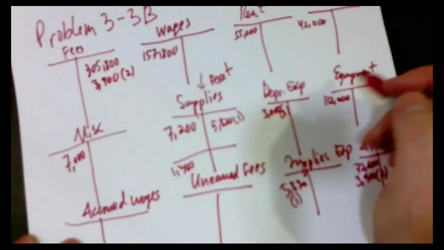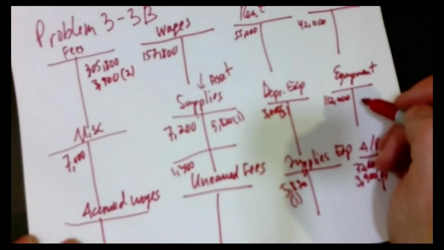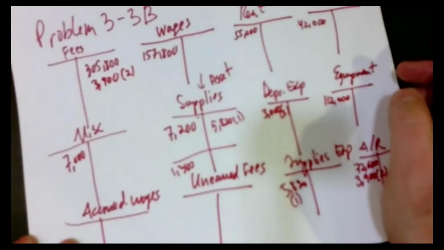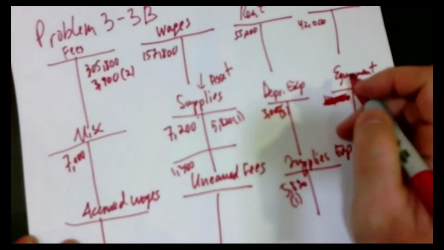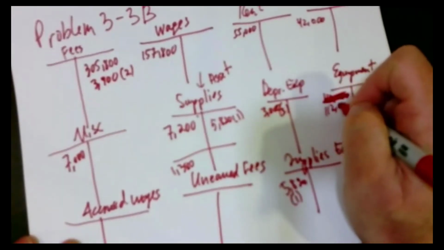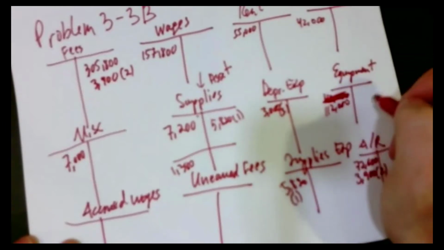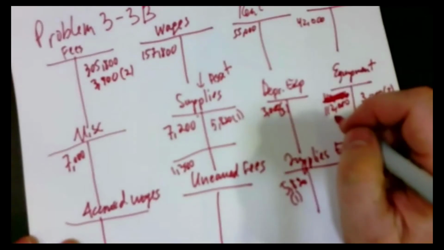This is a net account of accumulated depreciation, so there's no separate accumulated depreciation account. It's not technically incorrect, but for brevity purposes, I'm sorry, it is 112. So you need to credit equipment 3,000. That's really a credit to accumulated depreciation.